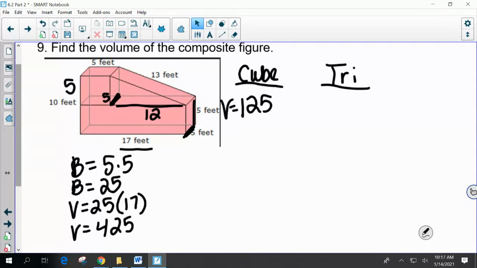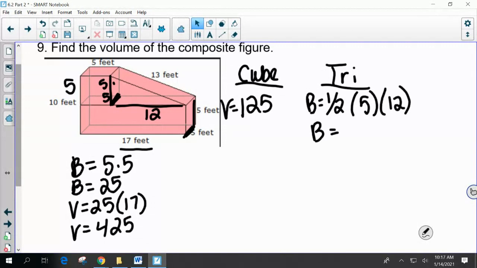And what's the height of the triangle right here? 5. Is the 13 relevant? No, that's the ramp. 13 is like the length of the ramp, not relevant. So 1/2 times 5 times 12 would equal what? 30.